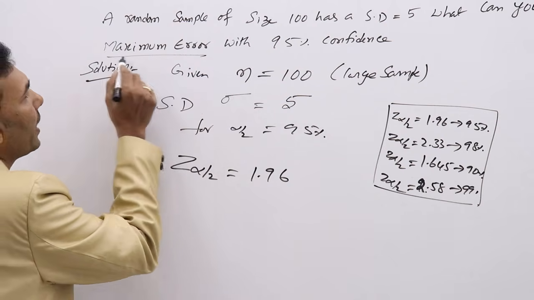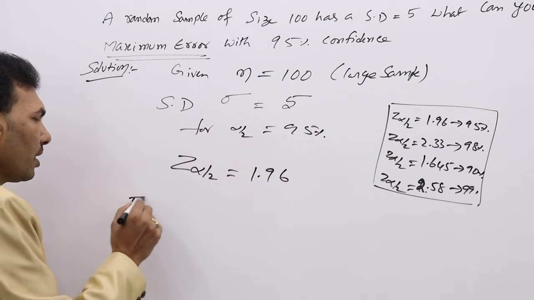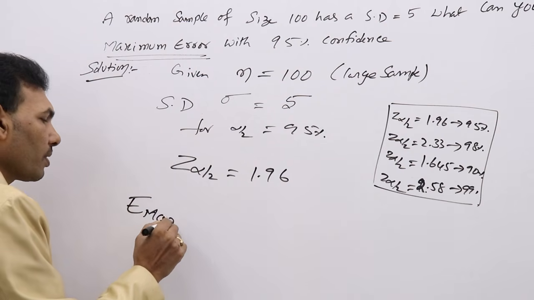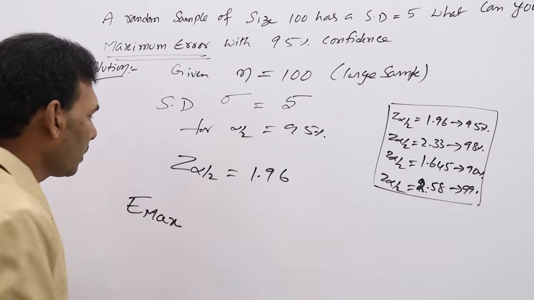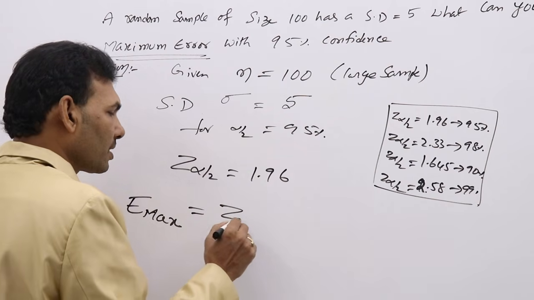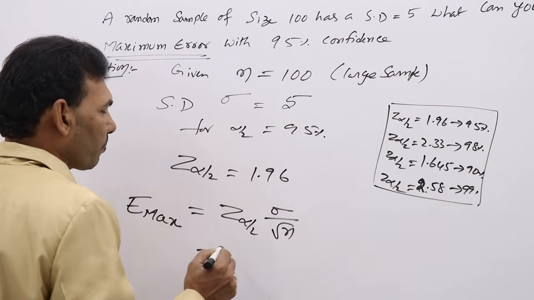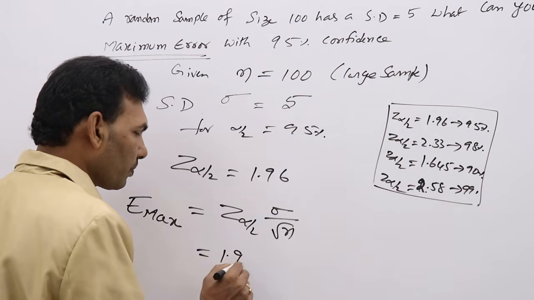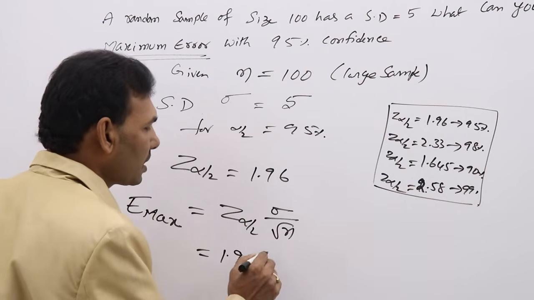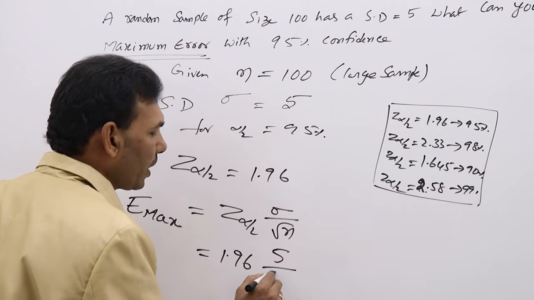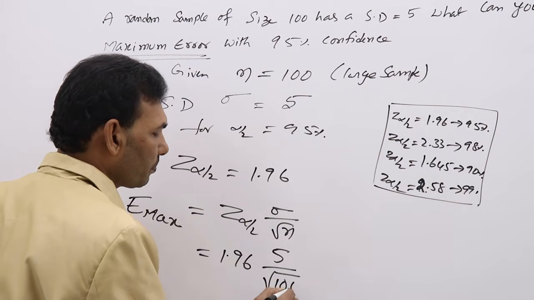Now we need to find the maximum error, E max. The formula for E max is Z alpha by 2 into sigma by root n. Z alpha by 2 is 1.96. Sigma is 5 by root 100.